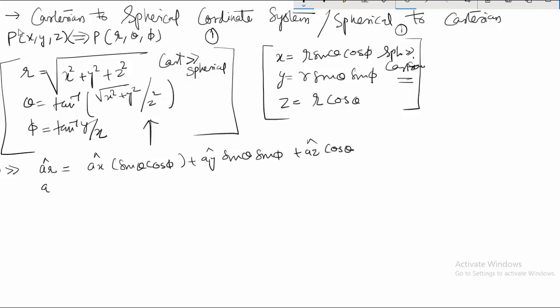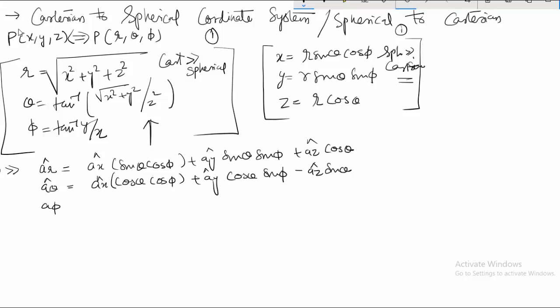And A theta unit vector can be represented as AX cos theta cos phi plus AY cos theta sin phi minus AZ sin theta.